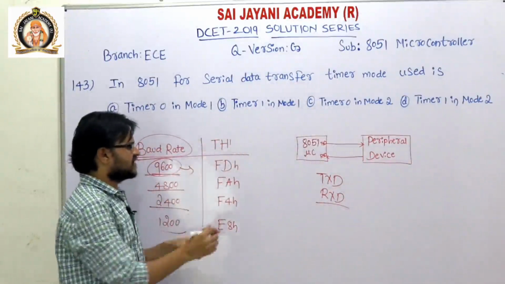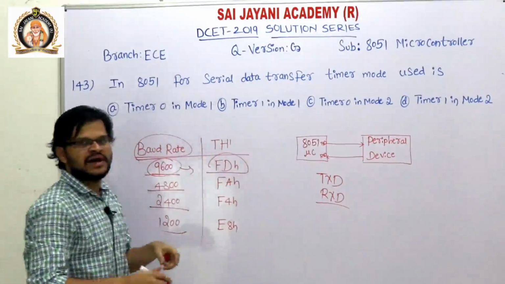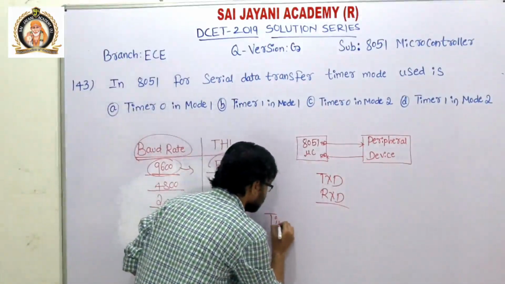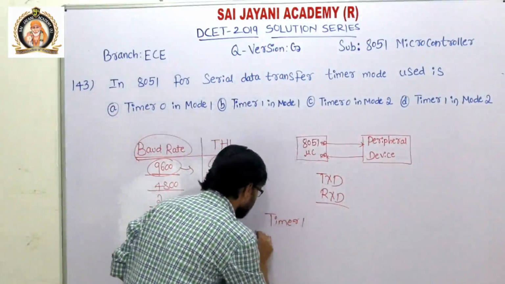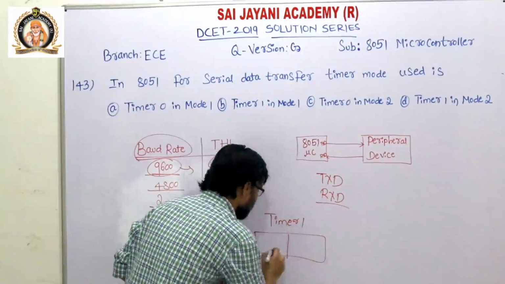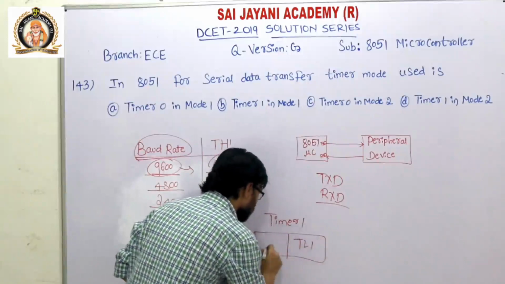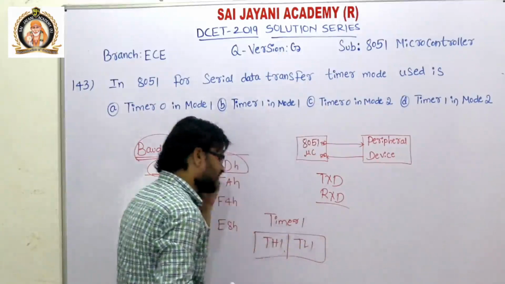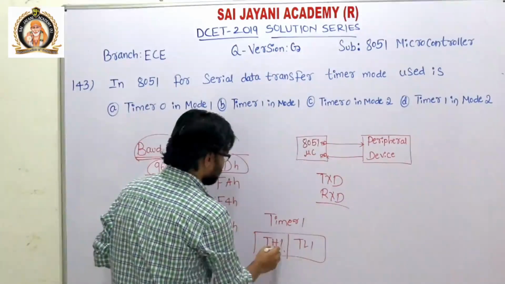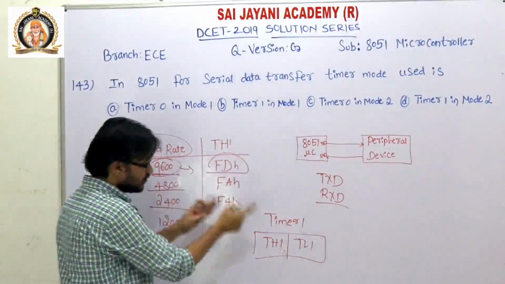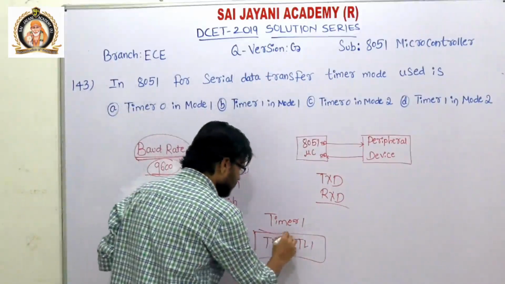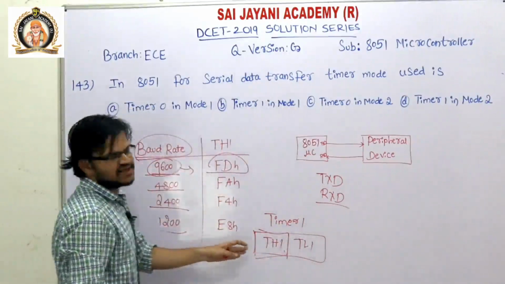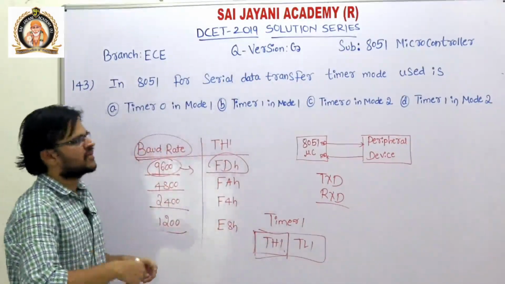The 9600 baud rate value is stored in the upper byte of the timer 1 register. In the timer 1 register we mainly have 2 parts, TL1 and TH1. In TH1, the higher byte of timer 1, the baud rate values are stored and these values are auto reloaded.